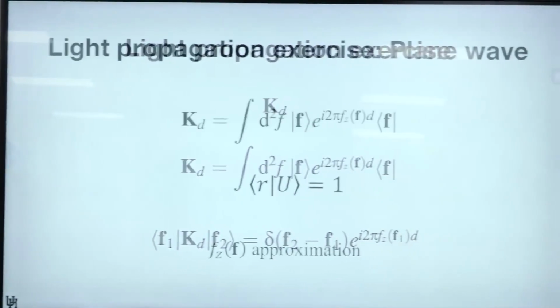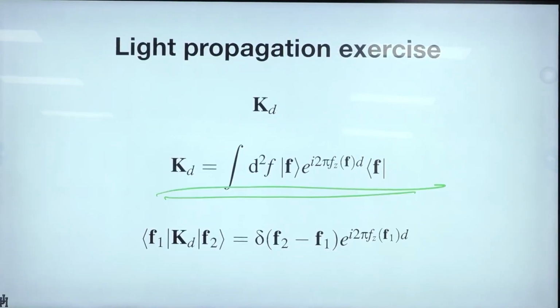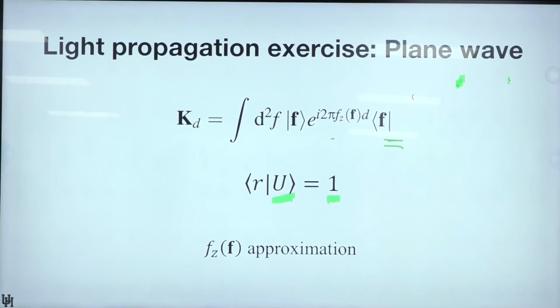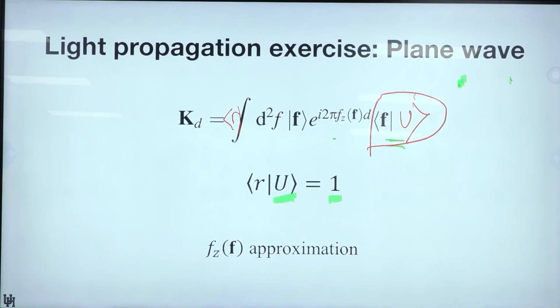So in this equation over here, what you have to do is apply u here, and here you have to do r. So F acting on u. What does that mean?